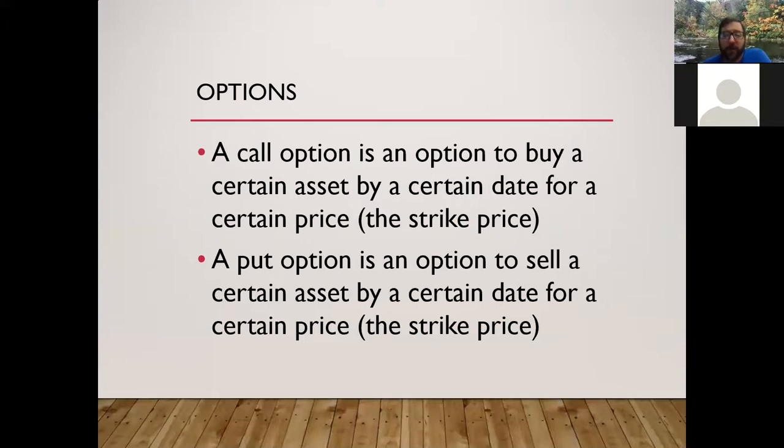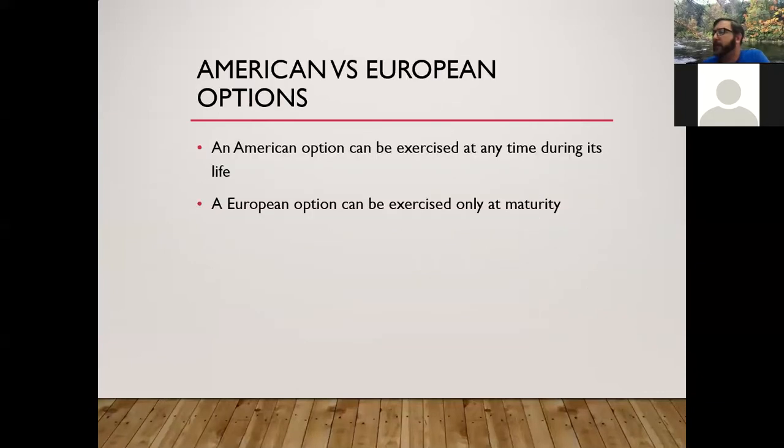The options also come in 2 flavors. We talk about American and European. I think I have a slide. Yeah. And this is probably going to sound a little nationalistic or chauvinistic or whatever. I don't know. But when we talk about American versus European, the way I always learned it is American options are just like European options. They just have more freedom, right? So a European option, if it is on March 15th, then it is on March 15th.